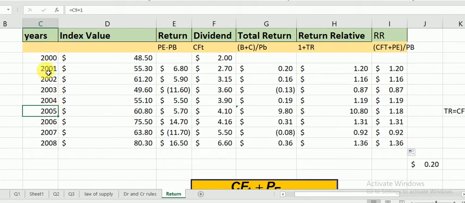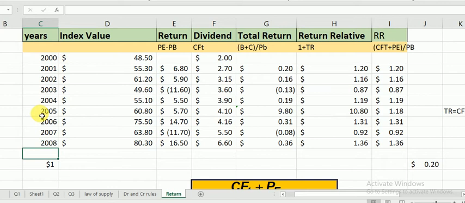Let's suppose in 2000 we make an investment of $1. Now till 2005 I keep that security which I purchased in 2000 for $1. So how much has this $1 investment increased till 2005?